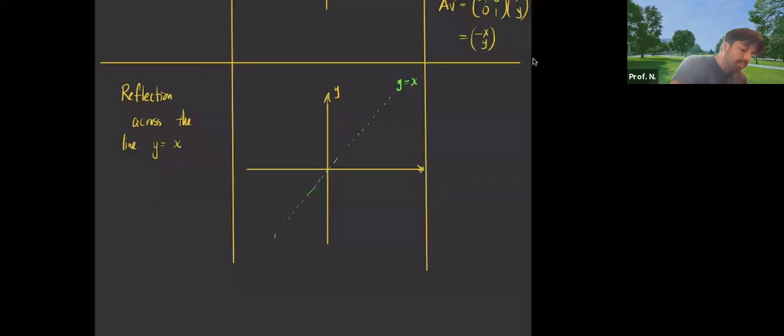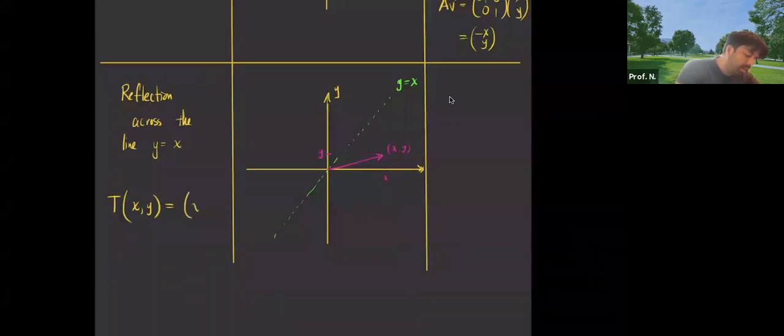So what happens when I have a vector x comma y? What happens when I reflect this across the line y = x? Does anybody remember what happens when I take x comma y and I reflect that vector or that point across the line y = x? Yeah, that's right, Sam. You switch, right?